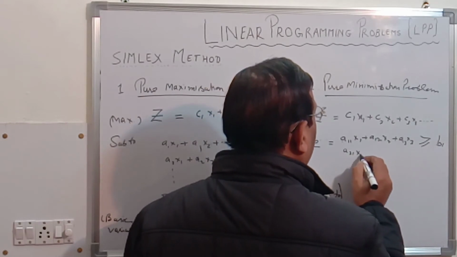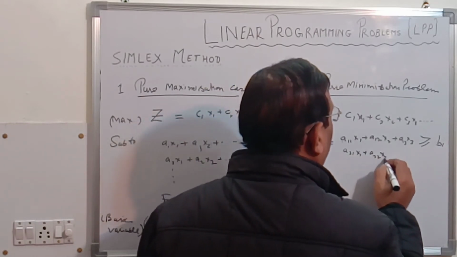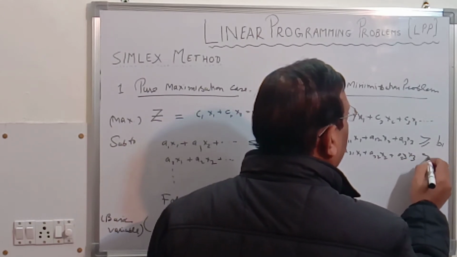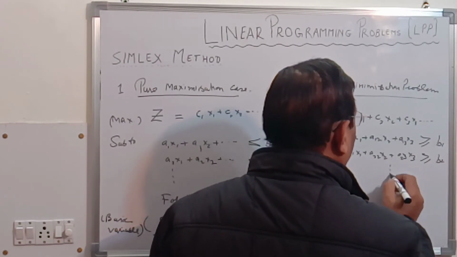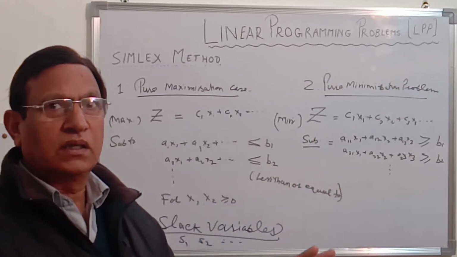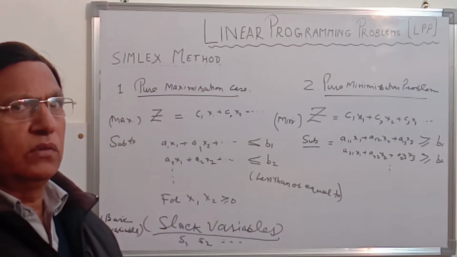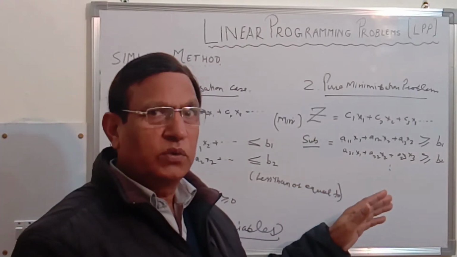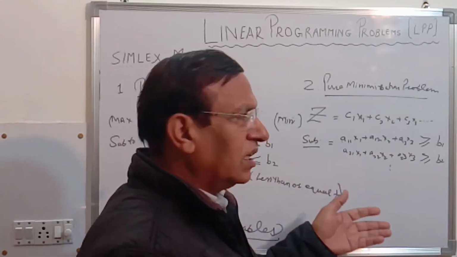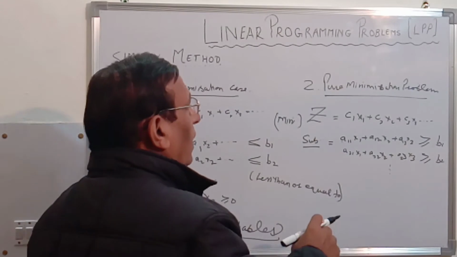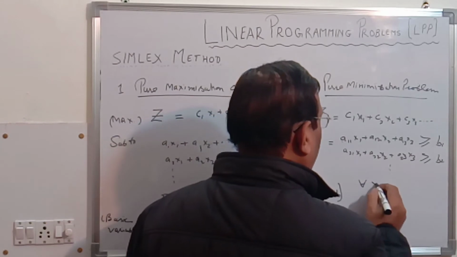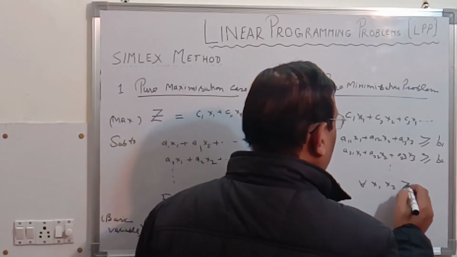Then a21 x1 plus a22 x2 plus a23 x3 is greater than or equal to b2, and so on. Equations can be 2, 3, 4, but for more than 3 equations there will be computational problems. So generally the equations are 3. Then for all x1, x2 greater than or equal to 0, and so on.